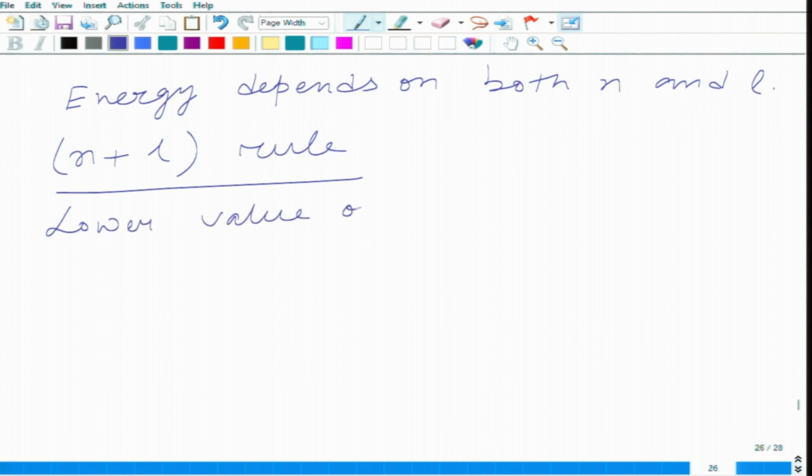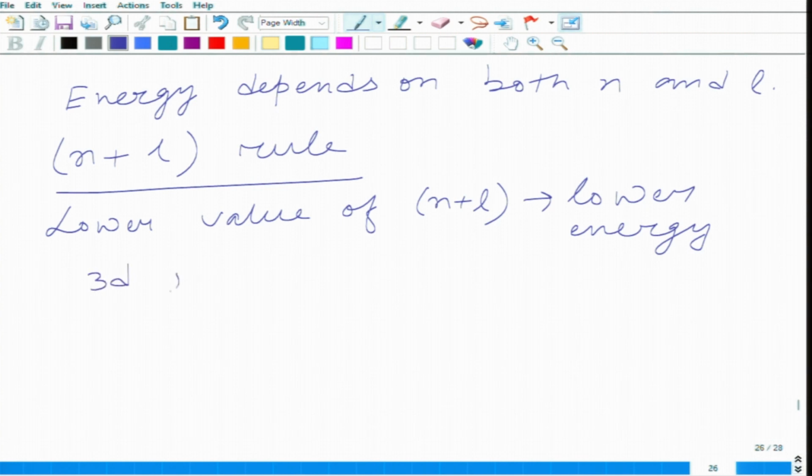A lower value of n plus l means lower energy, even if the principal quantum number is higher, such as for 3d and 4s.